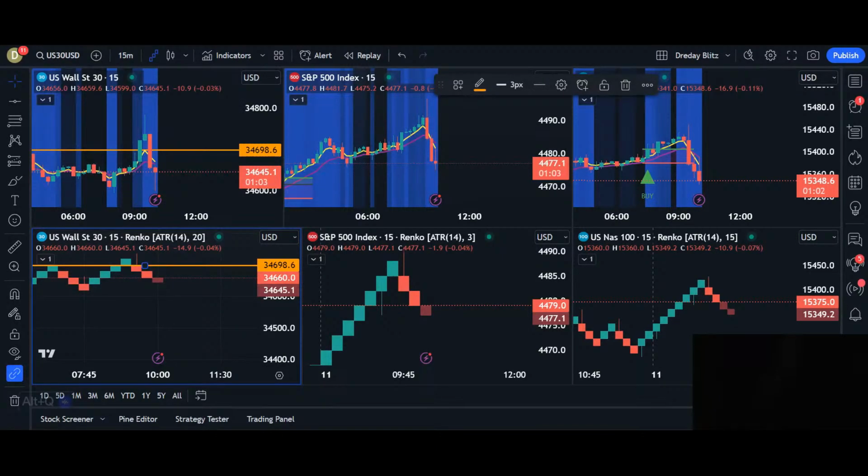But as long as it's aligned with the Renko bars, it's really a good signal to take. You just have to make sure that you put your stop loss to minimize your risk, and that will secure your account overall.